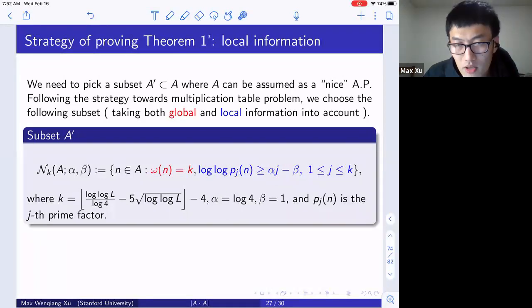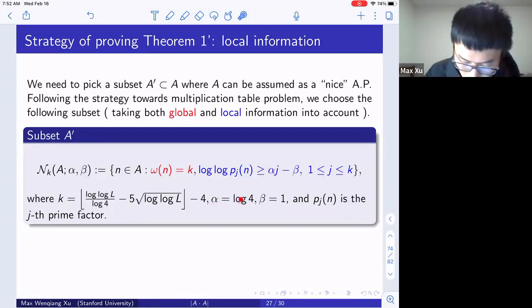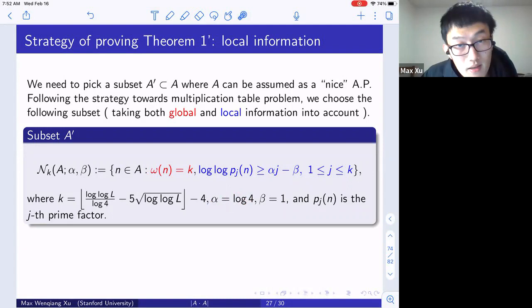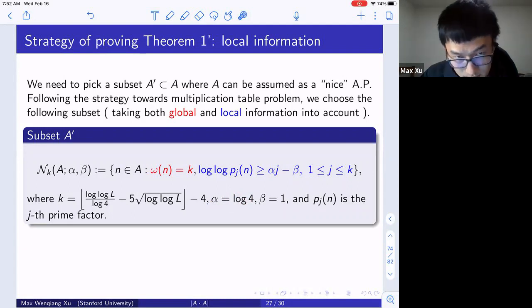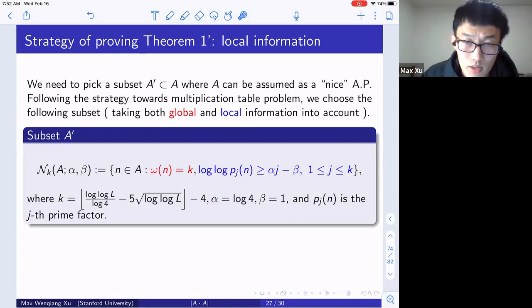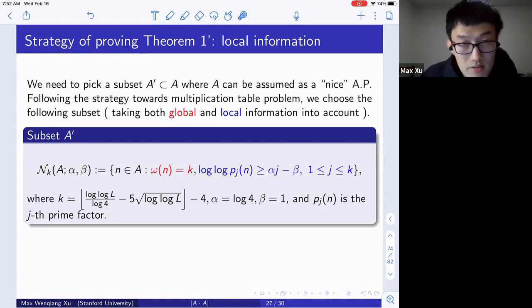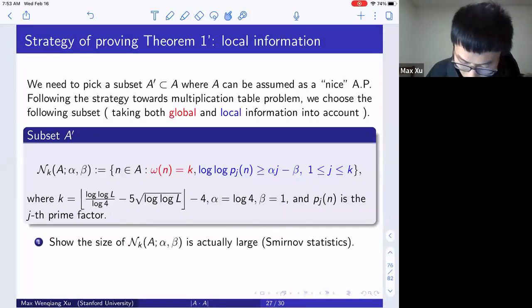Typically I think alpha should be 1, but here the set we choose is not typical numbers, so we choose alpha to be log 4. This is the set A' we will pick. The reason we can do this heavily relies on the previous reduction steps. Our AP is a very nice AP, so most things can be understood fairly well.